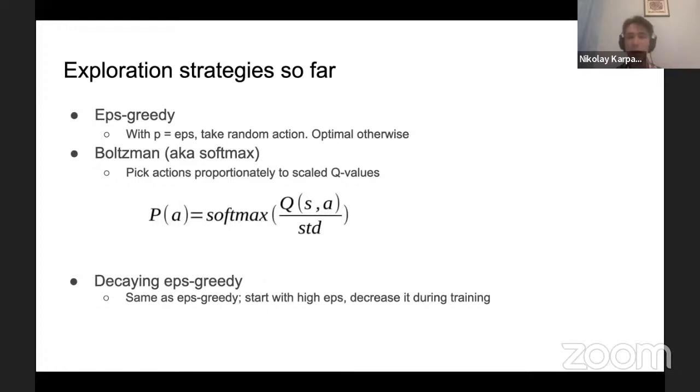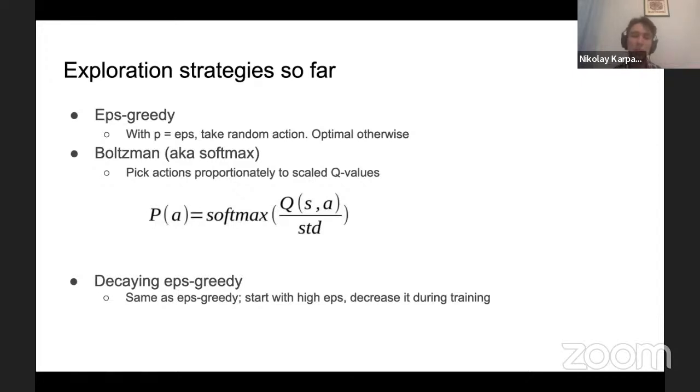We start with high epsilon, for example 50%, half of the time selecting random actions, because we don't know a lot. And for example, every 1,000 steps, we decrease the exploration rate, down to 1%. So after 5,000 iterations, we would stop exploring, for example. There are other schedules, but this is just an example of linear decay to 0.